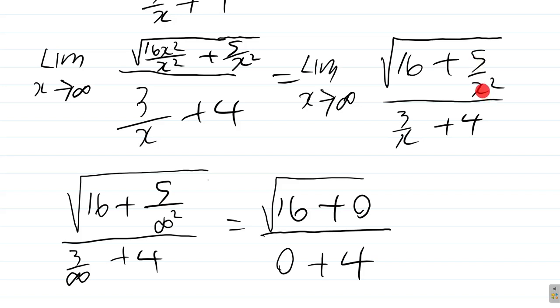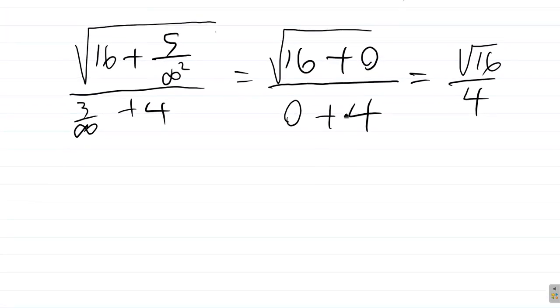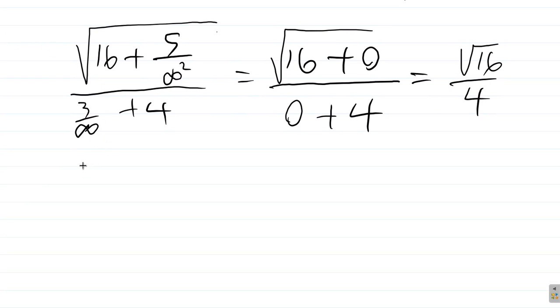Anytime you have a number over x, as x approaches an infinitely large value, the number over x will approach 0. So what we have here is the square root of 16 divided by 4. So the square root of 16 is 4, so it's 4 over 4. We get the limit, it is 1. Alright? So that's the limit.